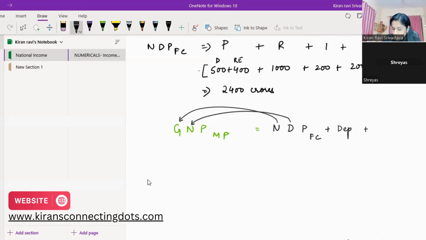We have to add NFIA. Then फैक्टर कॉस्ट को मार्केट प्राइस में लाने के लिए हमें क्या करना पड़ता है? We have to add net indirect taxes. Net indirect taxes is indirect taxes minus subsidies.